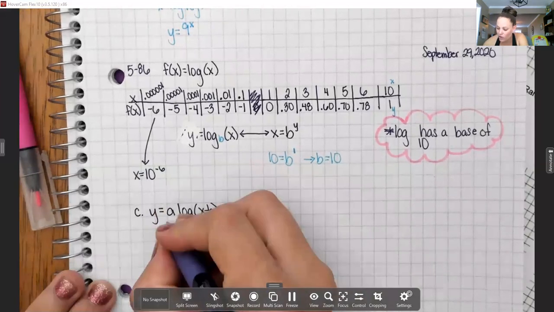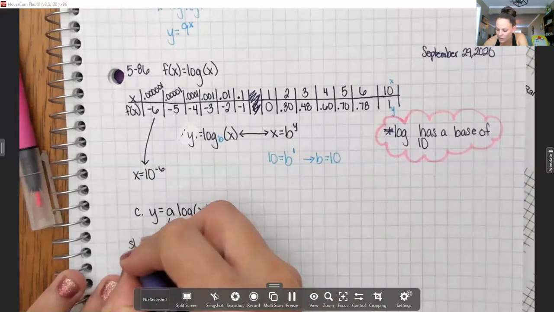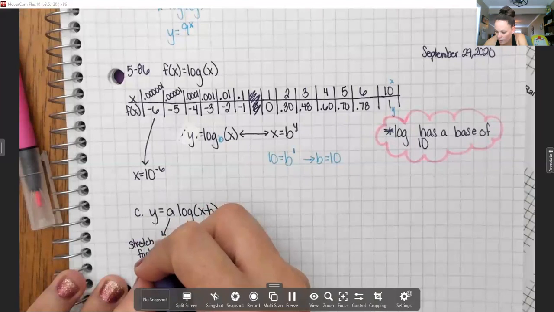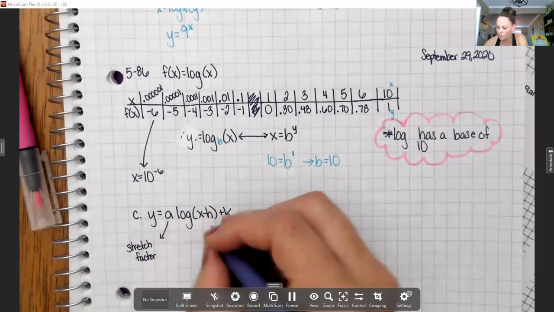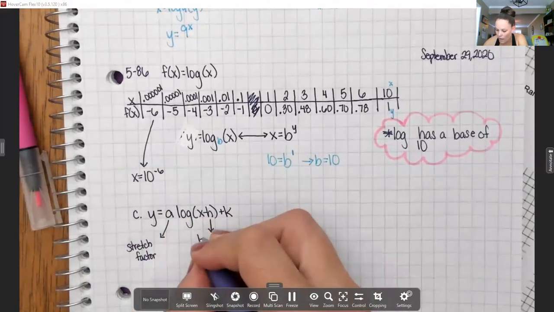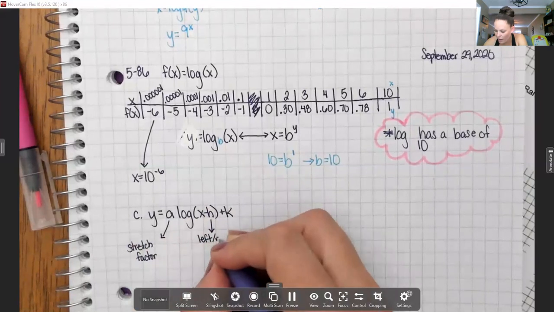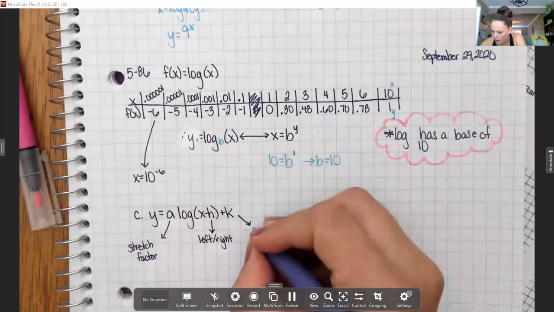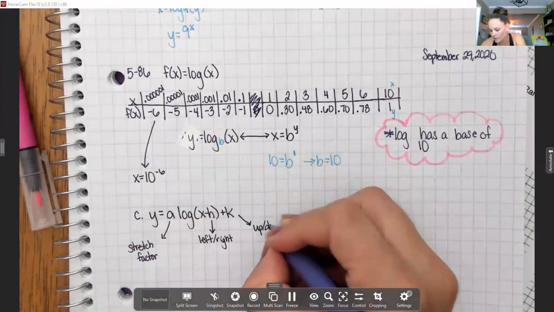And it's going to do all of the same things. A is the stretch factor. H is going to move it left or right. And K is going to move our log graphs up or down.